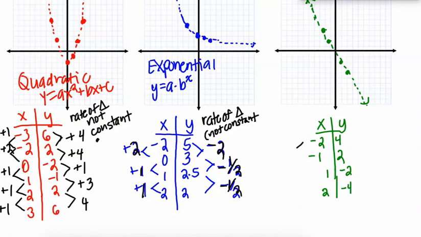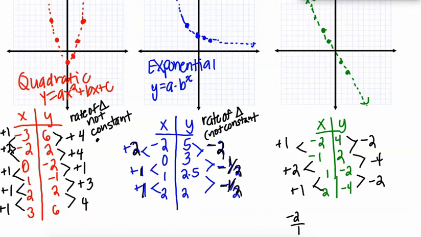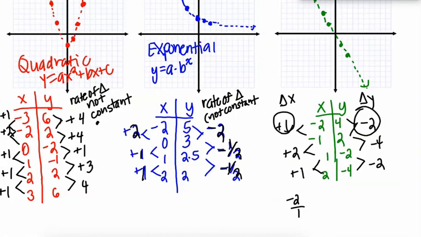So our change in x, add 1. This one's add 2, and this one is add 1. Our change in y, subtract 2, subtract 4, subtract 2. So we're going to have negative 2 over 1, then negative 4 over 2, and then negative 2 over 1.